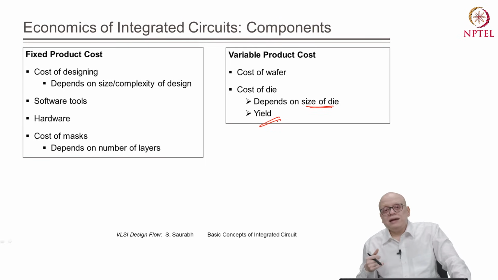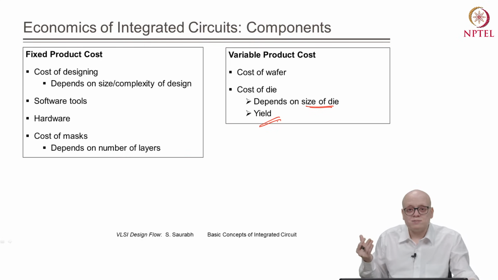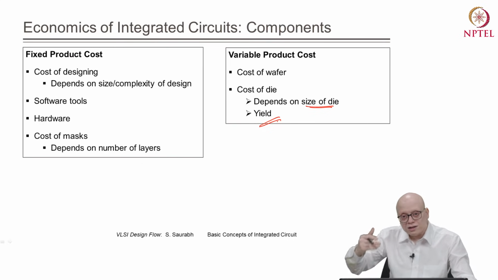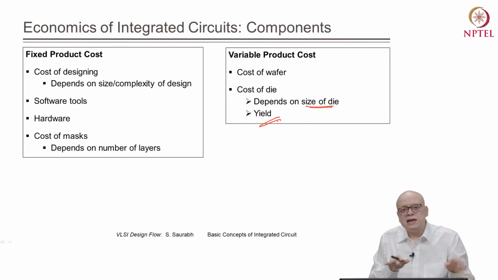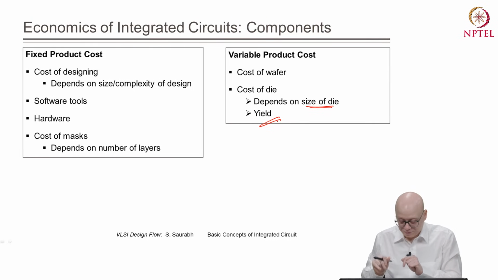So yield defines what percentage of all the manufactured chips is good, right? So the variable cost will depend on the yield. If the yield is high, the variable cost will come down. So these are the major divisions of cost for an integrated circuit, right?